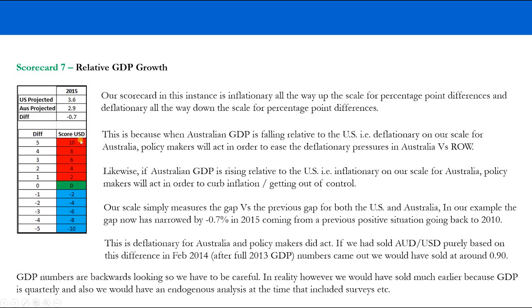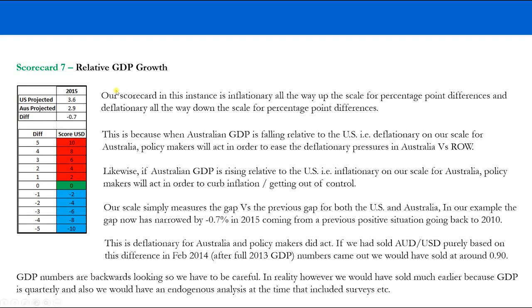So this scorecard here, when we're looking at Aussie dollar, US dollar, we're deciding whether to buy or sell the currency pair Aussie dollar, US dollar, and Aussie dollar is the base currency. So we're scorecarding here for Australia relative to the United States. And by doing so, we get a bias on Aussie dollar, US dollar.